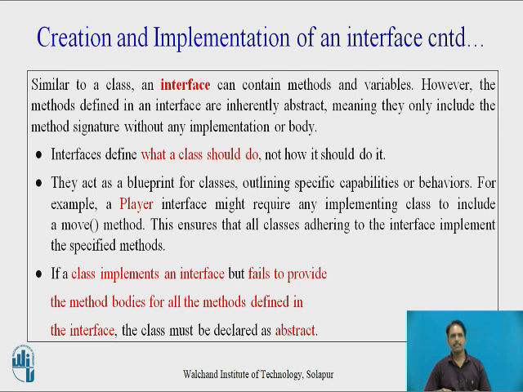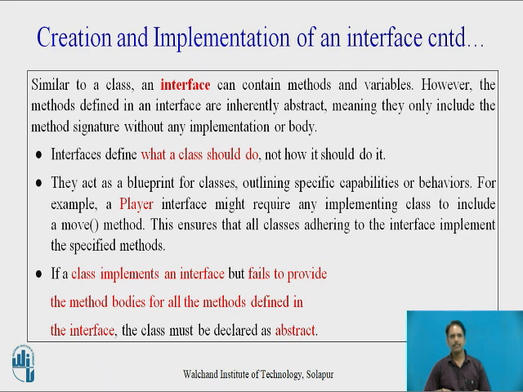Interfaces just define what a class should do. They just provide the guideline for the classes which are going to implement a particular interface, but they do not tell how to execute or implement its business logic.